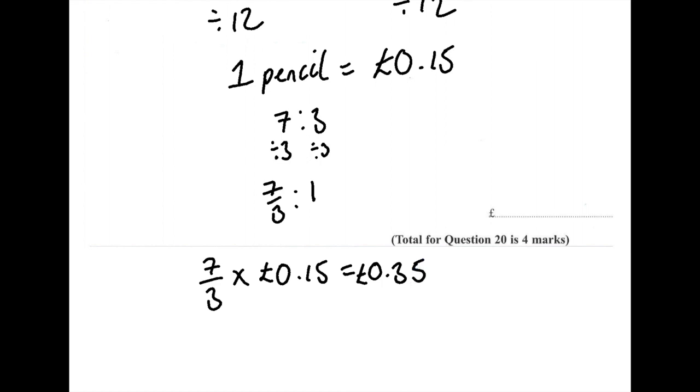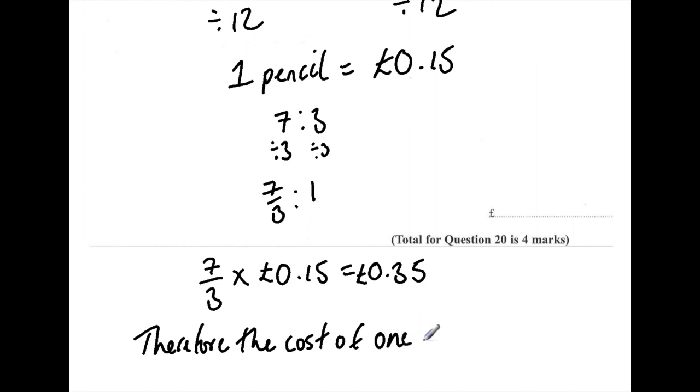Therefore, the cost of one pen is equal to 0.35. So let me write that down. Cost of one pen is 0.35. However, the question wants us to find the cost of 5 pens.